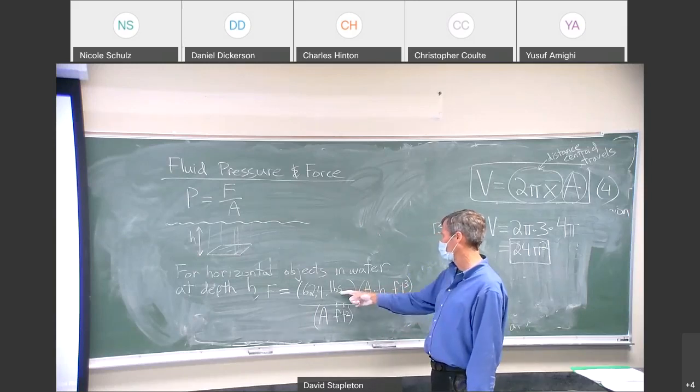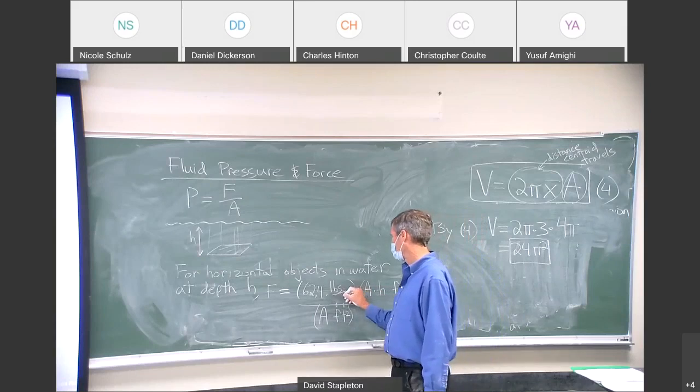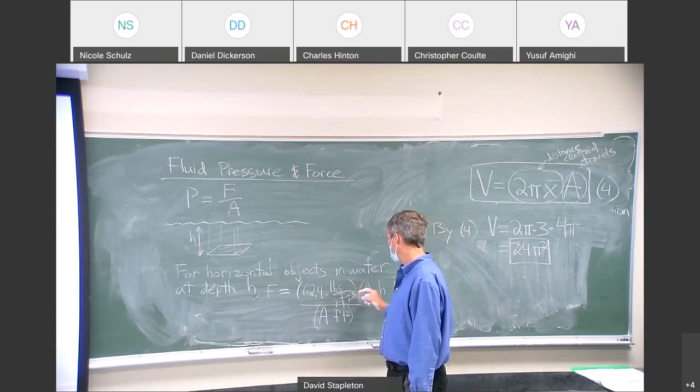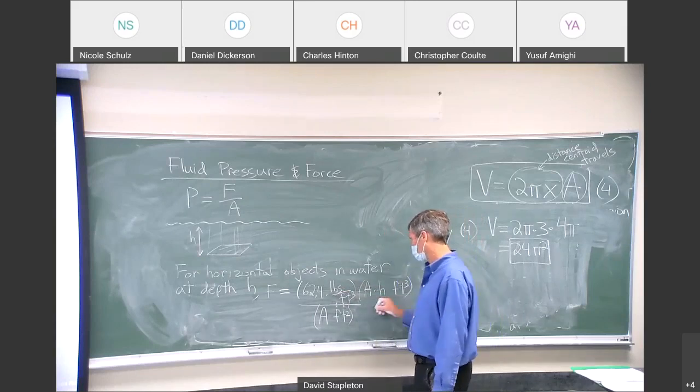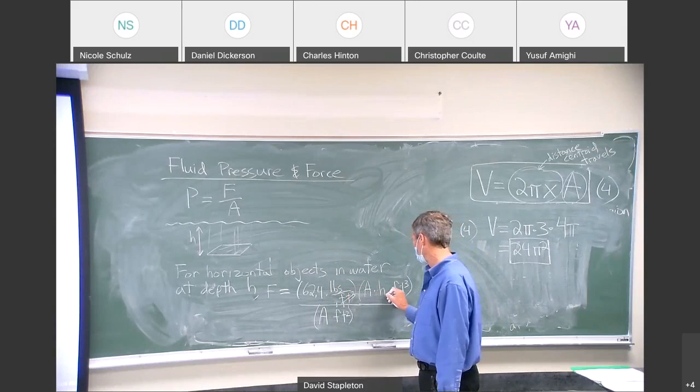So pounds per cubic foot times the cubic feet of water gives you the pounds of force on top of the sheet, and divided by the area in square feet. These cancel. There we go.